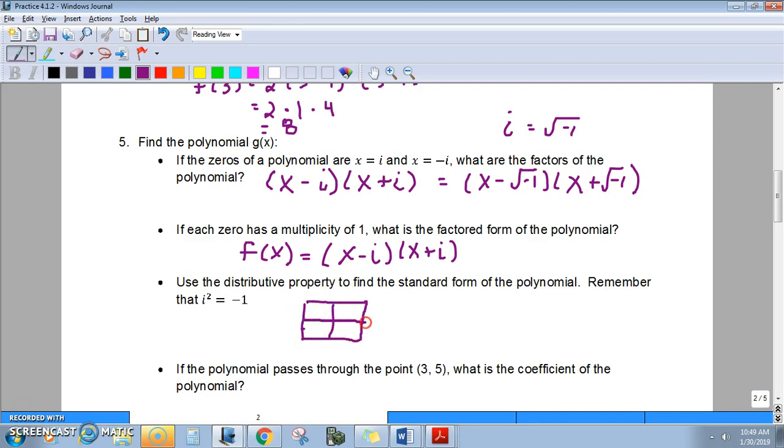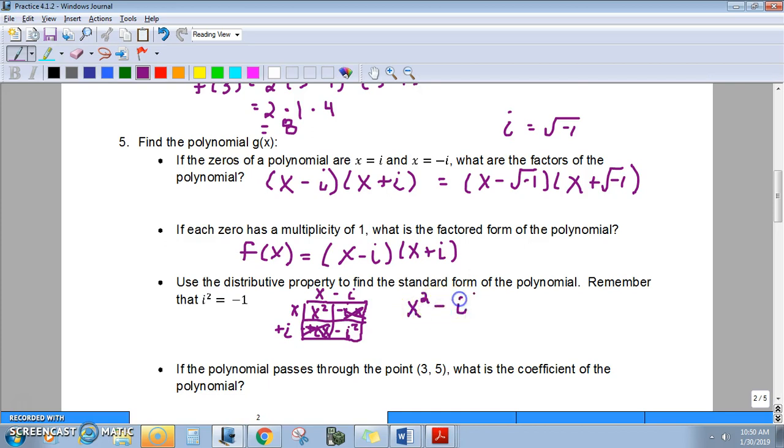So we would say x minus i and x plus i and multiply this out. We get x squared minus ix plus ix, and then here we would have negative i squared, which is important. And so this and this cancel out.